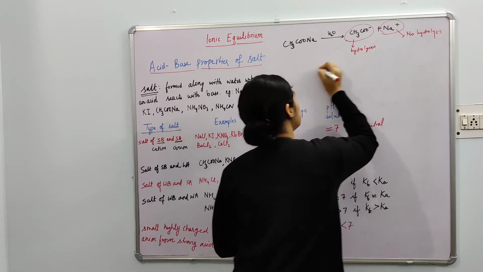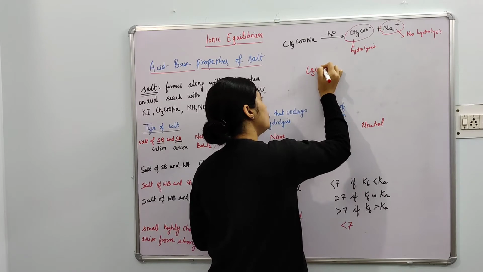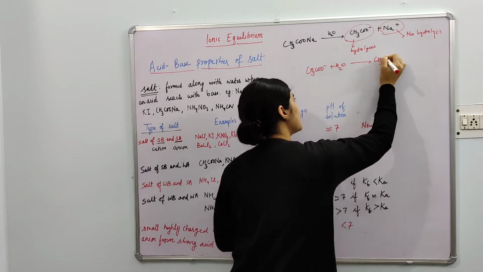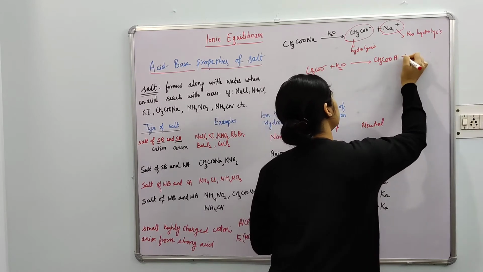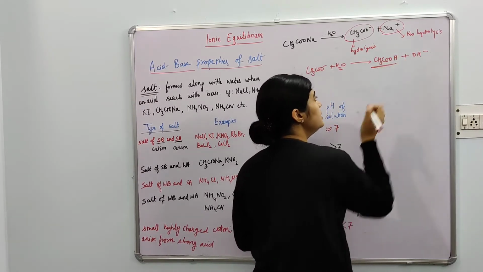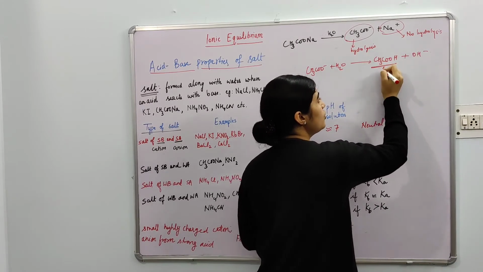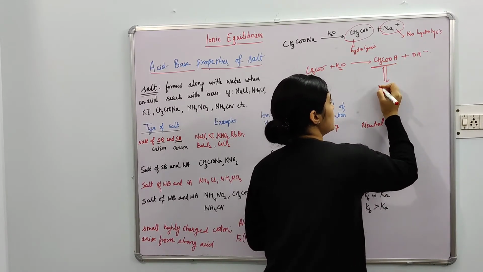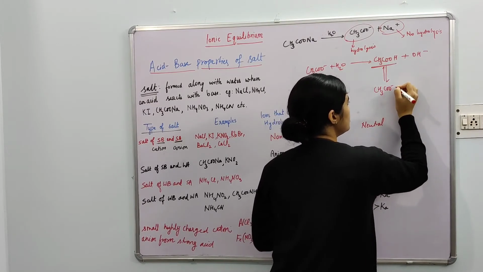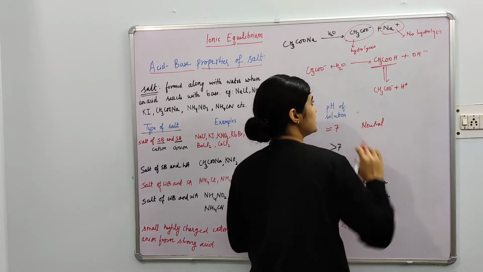In this case, CH3COO negative on reacting with a water molecule will form acetic acid and OH negative. Now this acetic acid is a weak acid, so it will not completely ionize. It will be in equilibrium with its ions, that is CH3COO negative plus H positive plus this acetic acid.